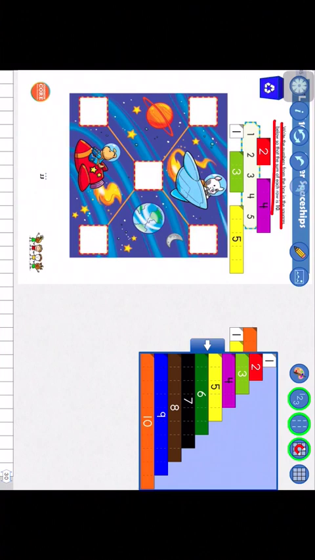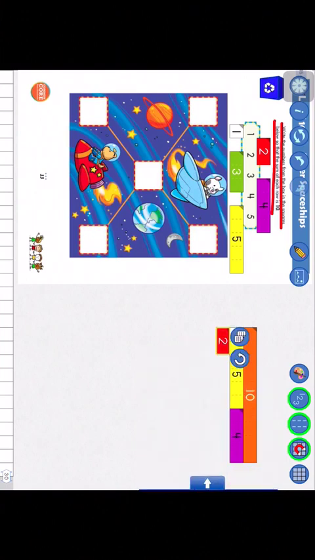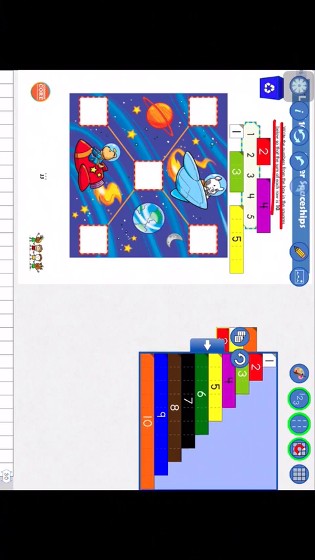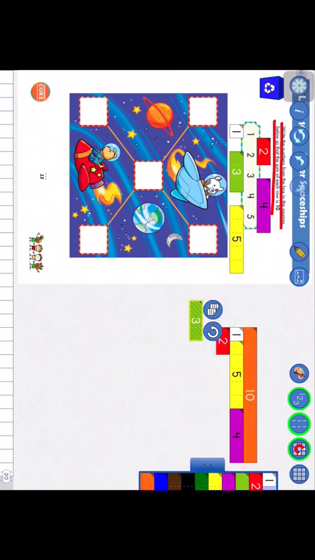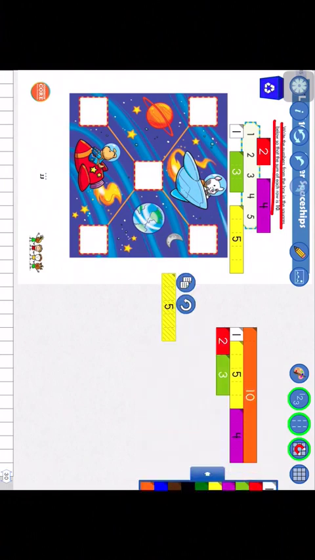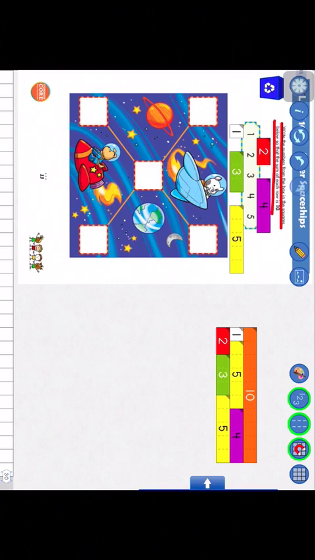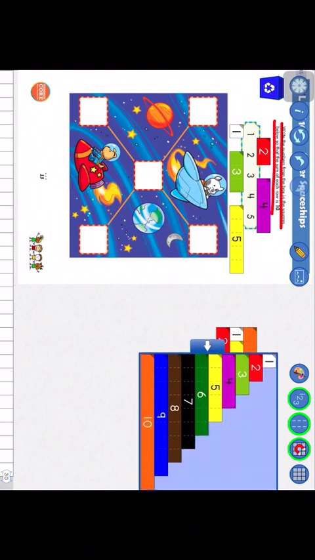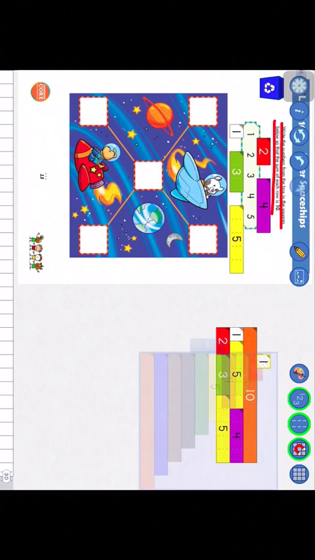How about 2 and 3 and which one? And 5. They can also form 10. Can we swap any of these rods?